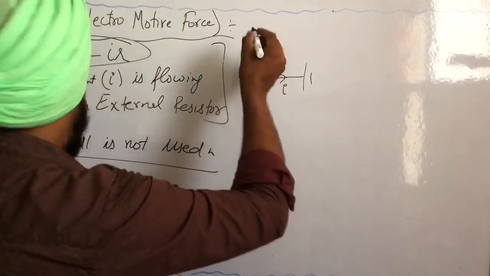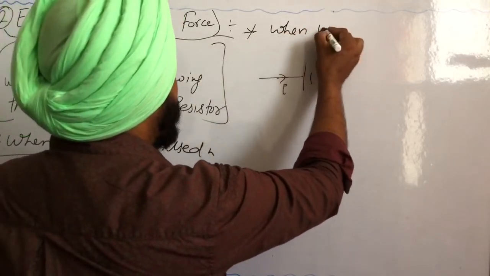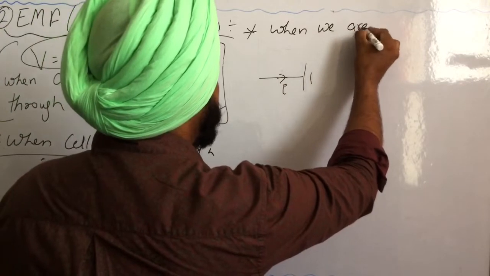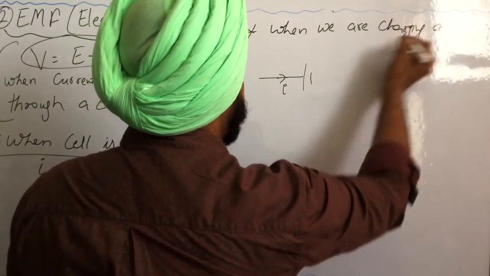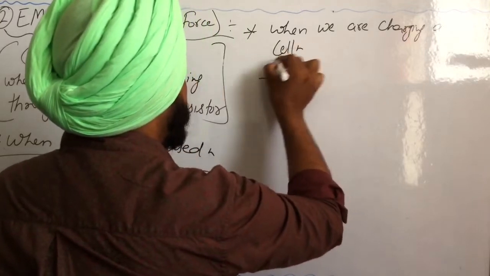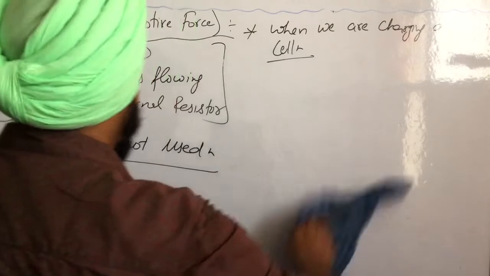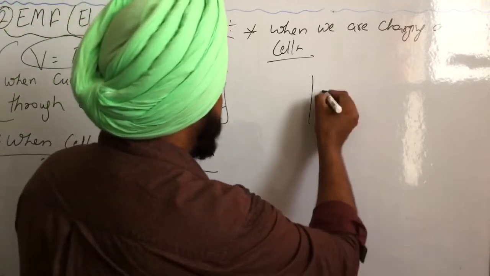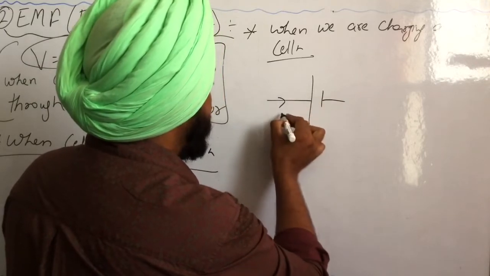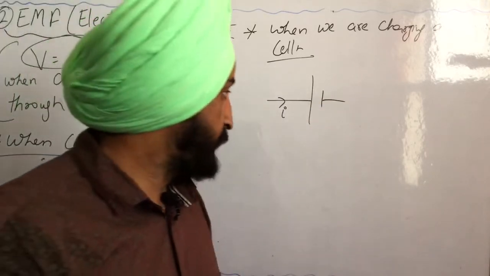Fine. So our point is, when we are charging a cell, so when cell is being charged, in that case the current will flow in the opposite direction. It will flow towards the positive terminal.